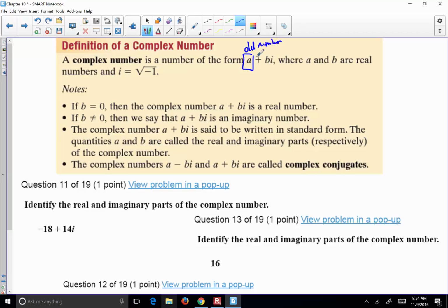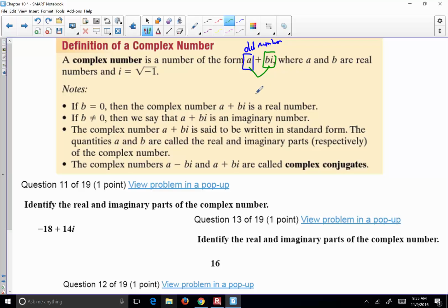You take a real number and add b many i's to it. b is whatever number you pick. Add it to the old number. You get a 2-part number like this, a plus bi, a number plus a number times i. That's what we call a complex number.